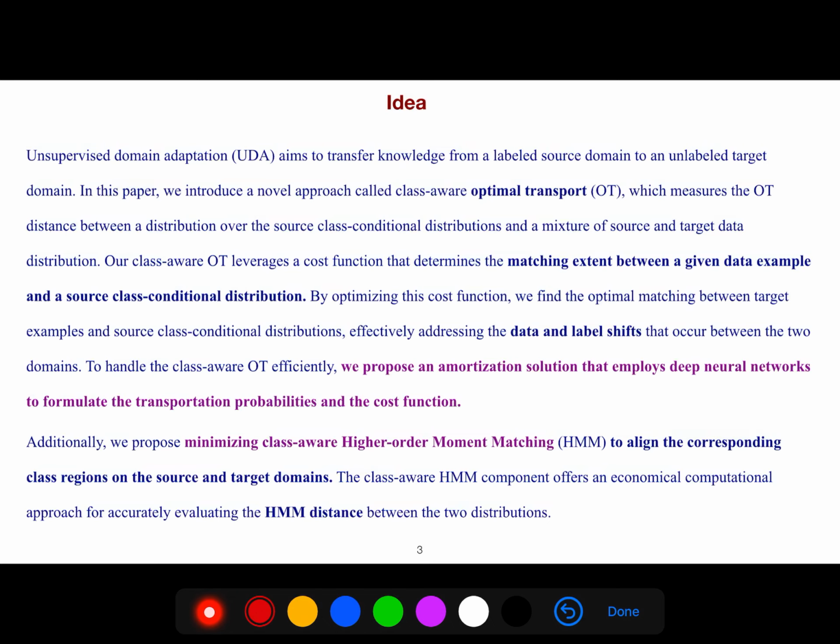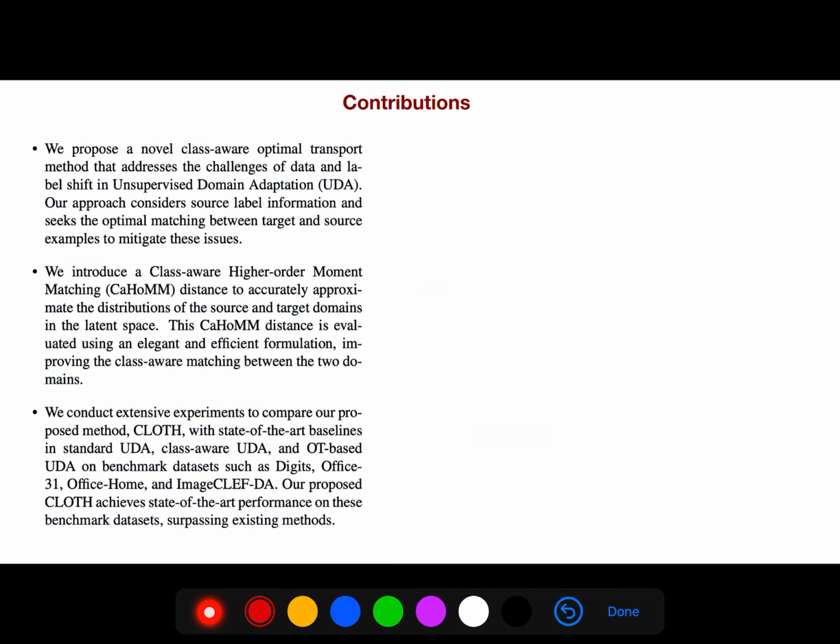The class-aware higher-order moment matching component offers an economic computational approach for accurately evaluating the HMM distance between the two distributions. So these are three contributions.